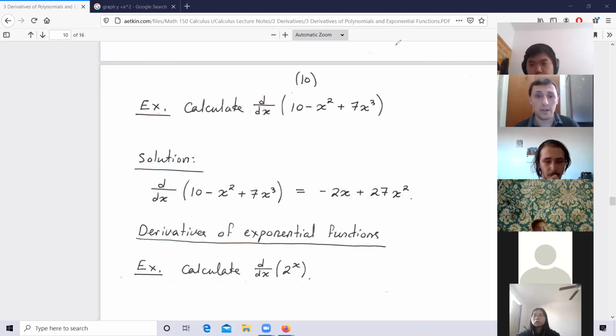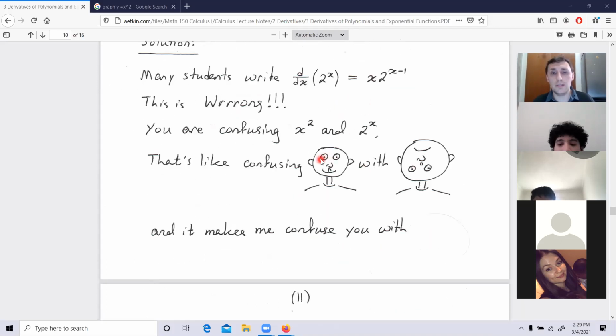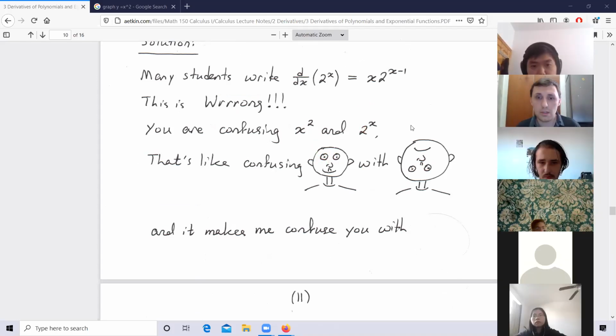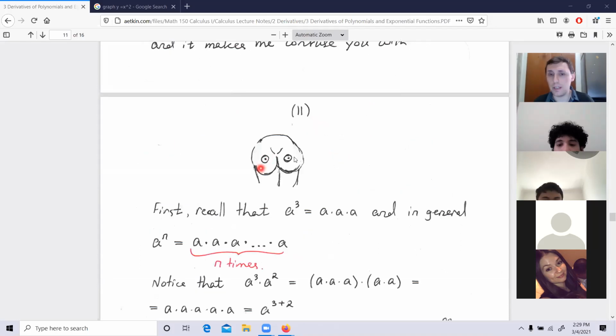You have to be a very, very good thinker. If you read a physics book, see how much you need to understand to figure out solutions to those questions. So it's completely wrong, guys. You see that this is the difference: x squared and 2 to the x are completely different functions.